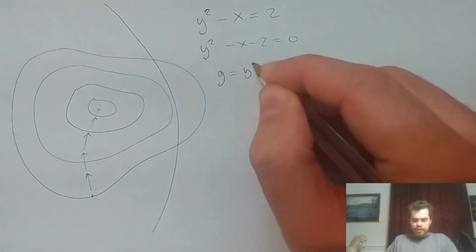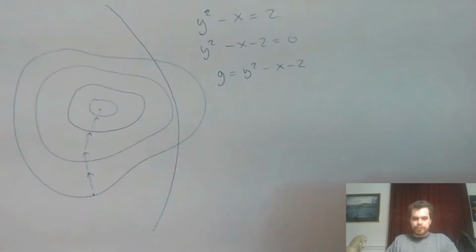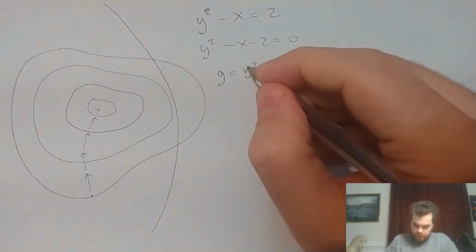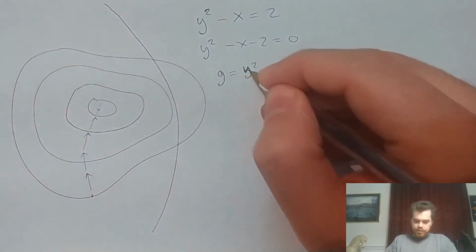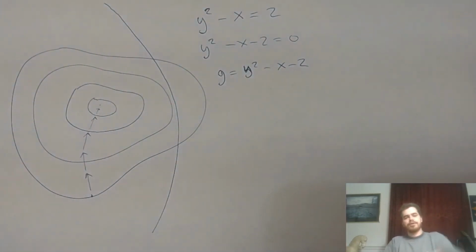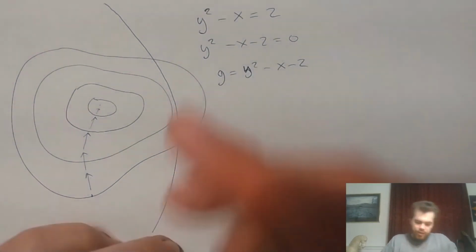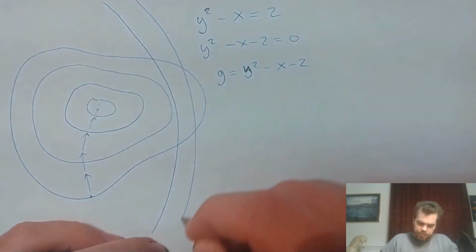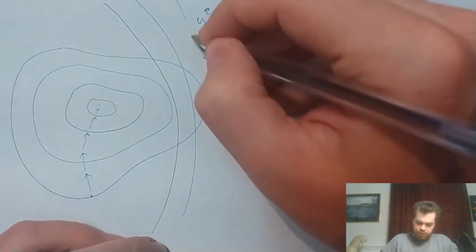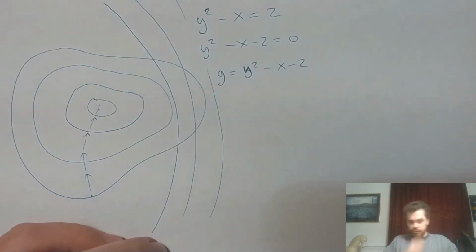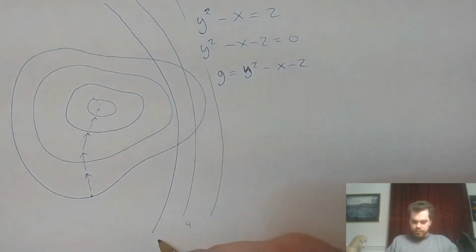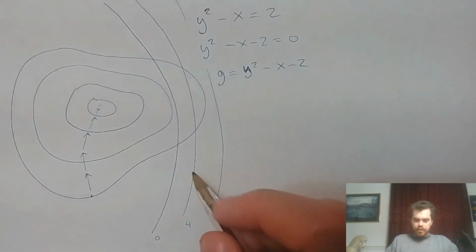G is y squared minus x minus 2. And there could be a whole family of g curves. There could be y squared minus x minus 2 is equal to 4, equal to 0, equal to 8.